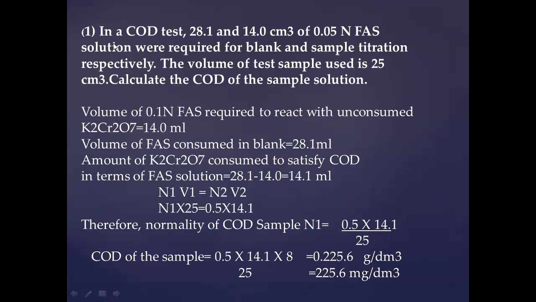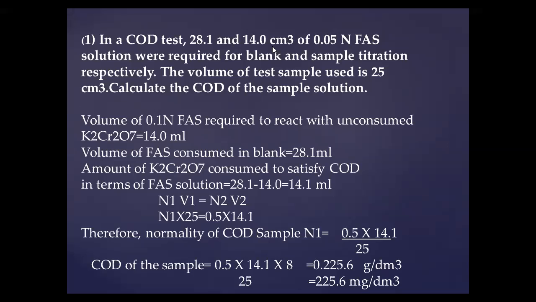The first one: in a COD test, 28.1 and 14.0 cm cube of 0.5 N FAS solutions were required for the blank and sample titration respectively. So these are the volumes consumed in case of the blank as well as the sample titration. The volume of test sample used is 25 ml, and calculate the COD of the sample.